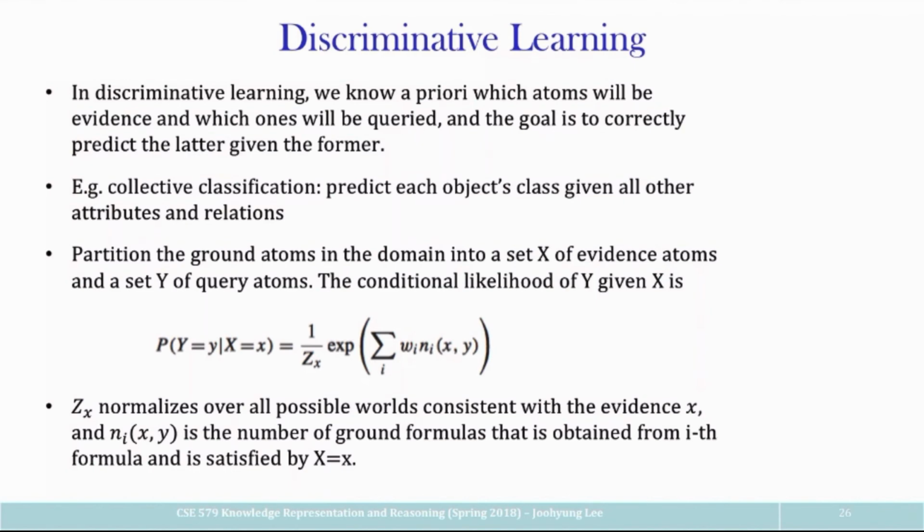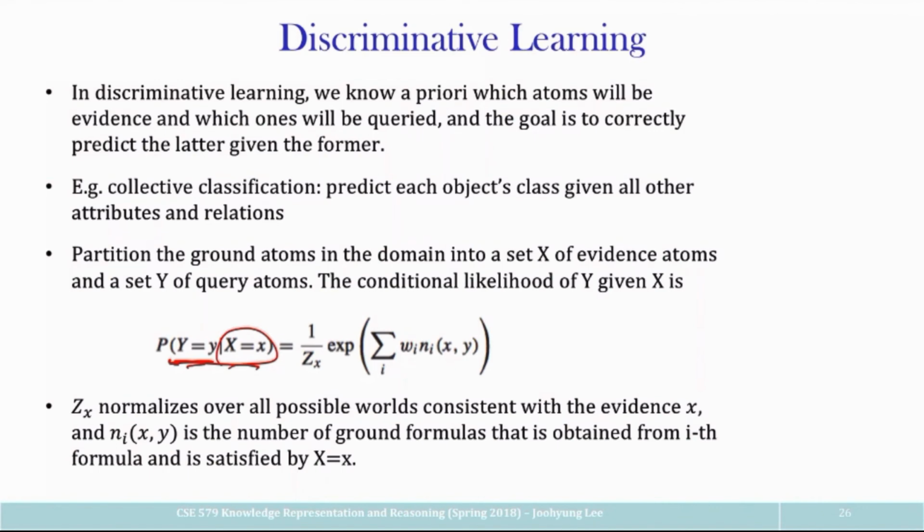So what that means is, instead of the likelihood that you saw before, we are going to maximize the conditional likelihood, where this X, the evidence, has a fixed value. We are going to maximize only the conditional probability of Y given this X. This works well because we have fewer parameters to learn.